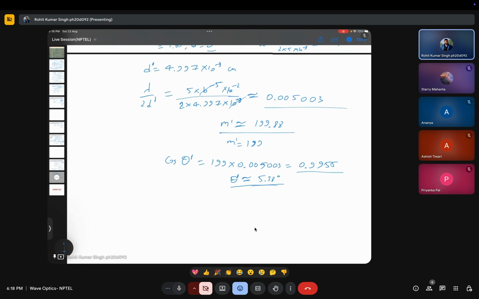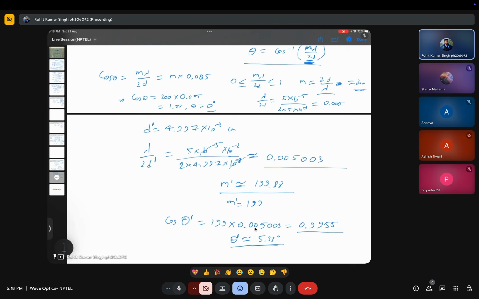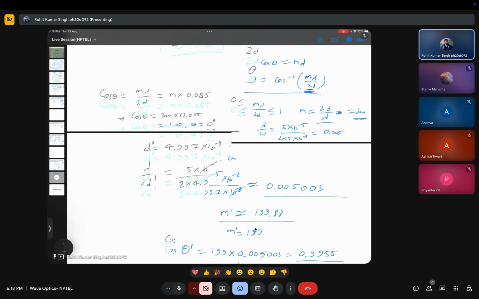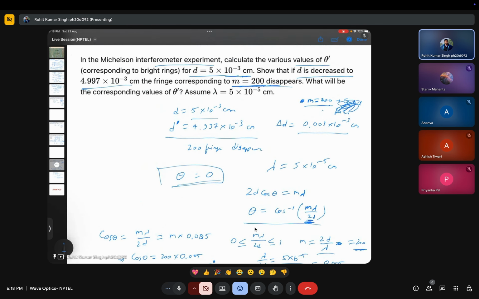Okay. Yeah, I think that is what we expect, right? Decreasing the distance increases the distance between the two fringes.